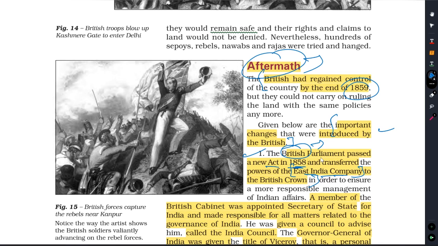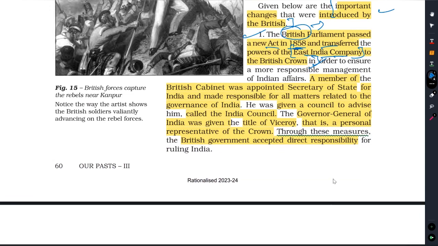This act gave complete authority over India to the British Crown instead of the East India Company. A member of the British Cabinet was appointed as the Secretary of State for India. This is a very important position.